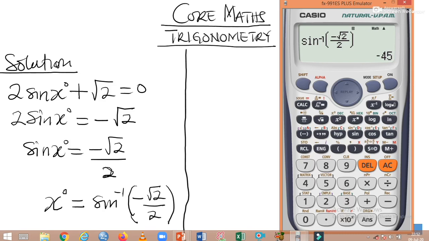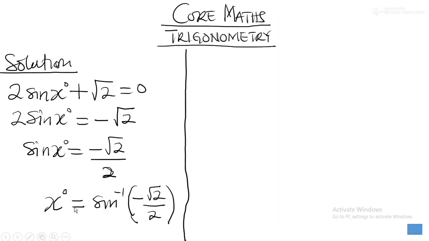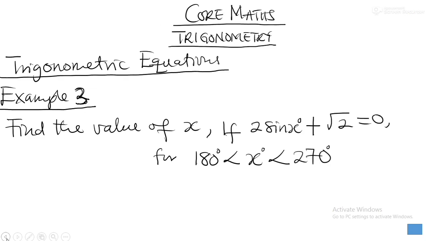Good. And also, let's check the range of values that we were given. Now, our x should be between 180 degrees and 270 degrees. So, which means that we should focus on the one in the third quadrant, and not the fourth quadrant. Okay, good.